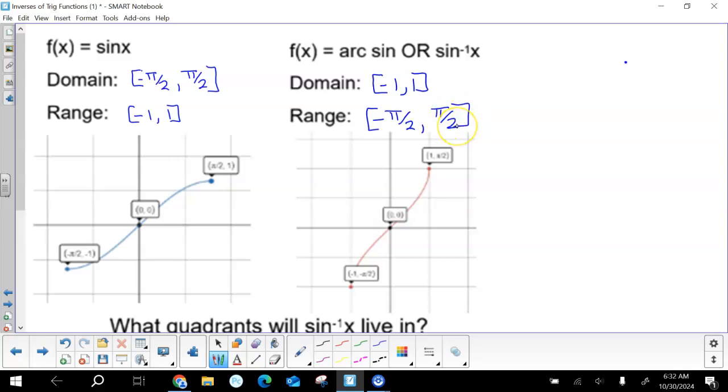So what you want to remember here is when we're taking the inverse of sine, if we're going from negative pi halves to positive pi halves, we're working in these two quadrants right here. We're working in quadrant 1 and quadrant 4. Anytime you're in quadrant 4, you're going to have to name your angle negatively.